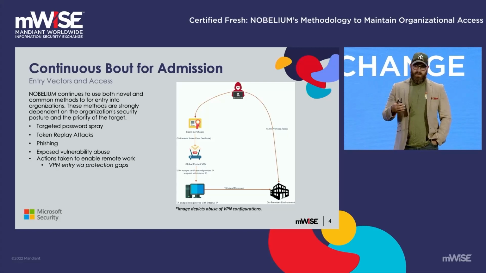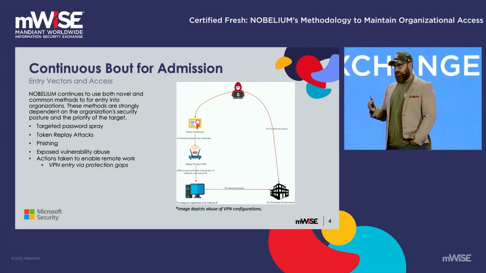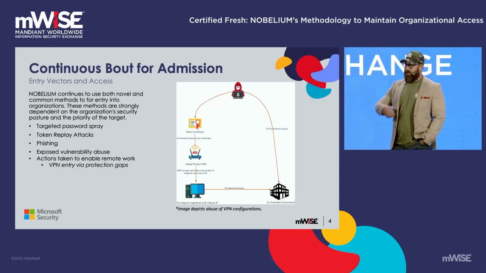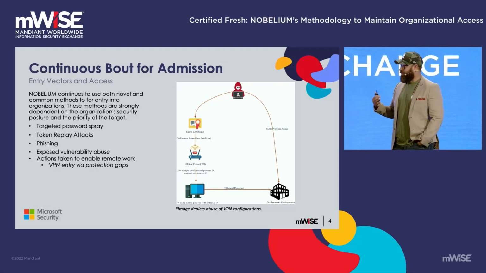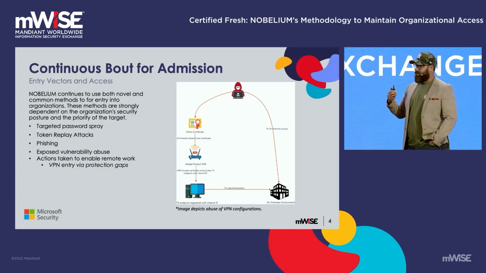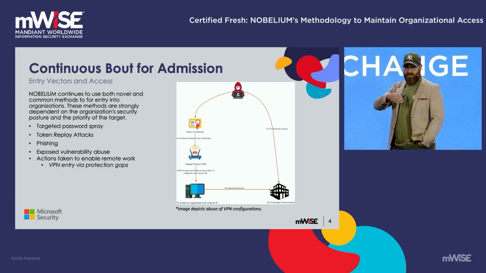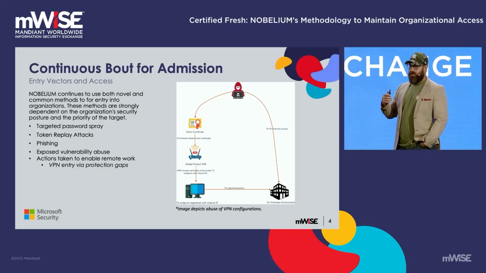So they use open source OSINT research to identify where individuals live and try to come from the same areas. And the really interesting part about the continuous behavior is that they already have access to environments and they continue to do the password phishing to the same environments. They continue to phish them, they continue to do replay attacks, and instead of just getting access the first time, they're very persistent. They identify and collect a plethora of ways to get in and keep those in their back pockets for later use.